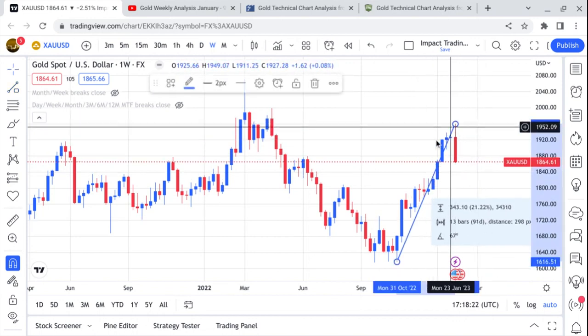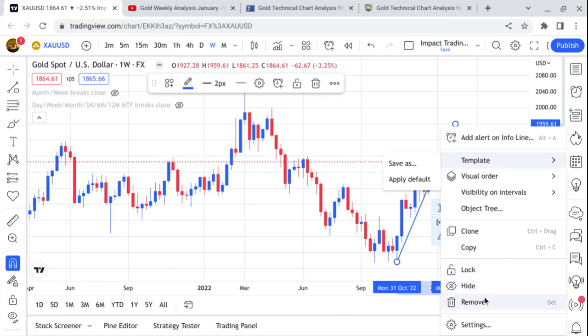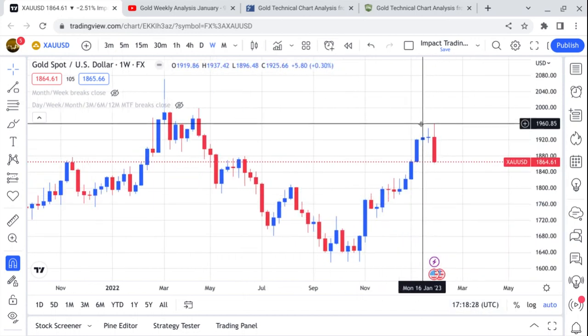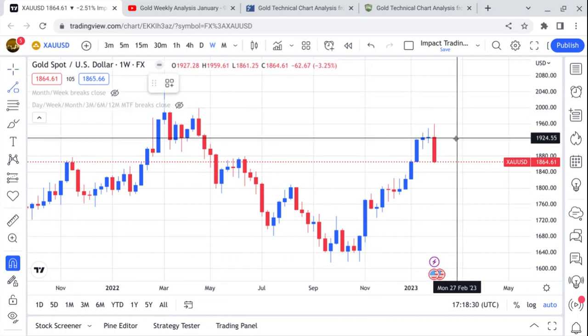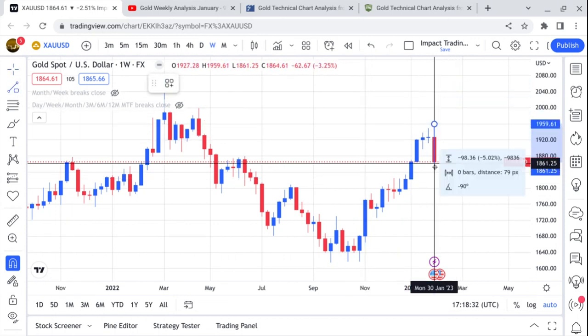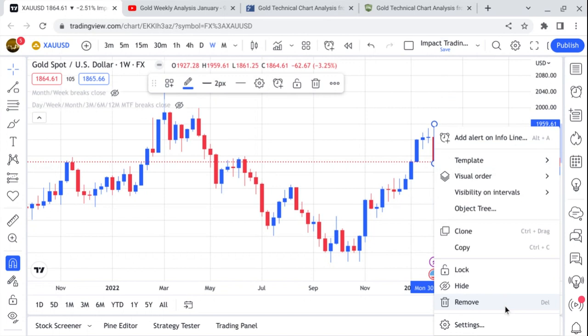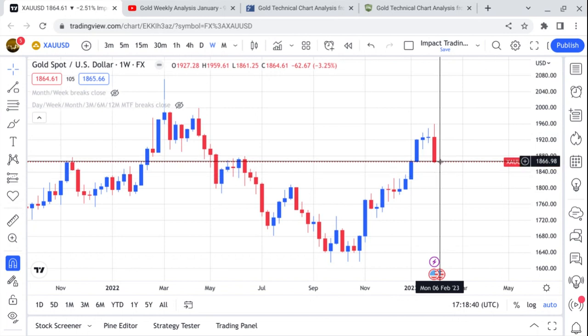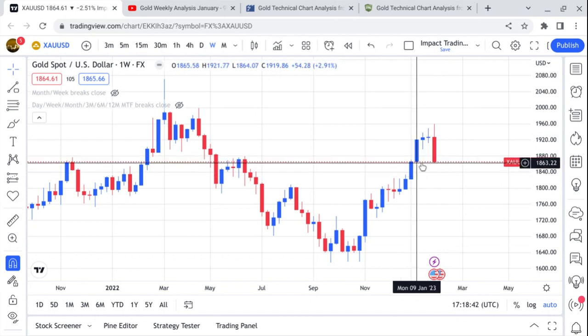So the institutions are saying, well, it's time for us to profit. So a lot of profit taking happens in these areas, along with new positions of institutions that want to drive the price down and start taking profits down here.